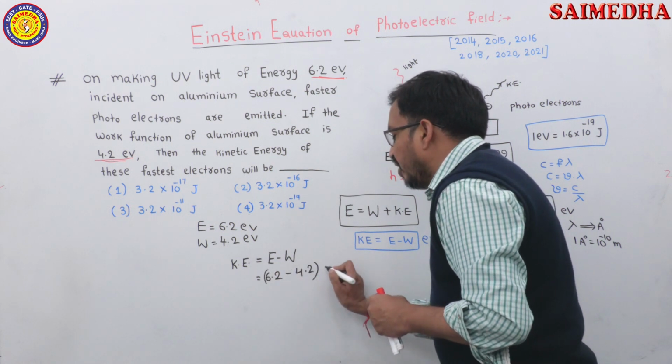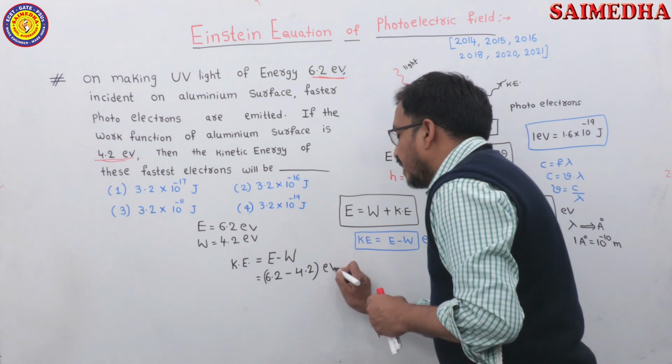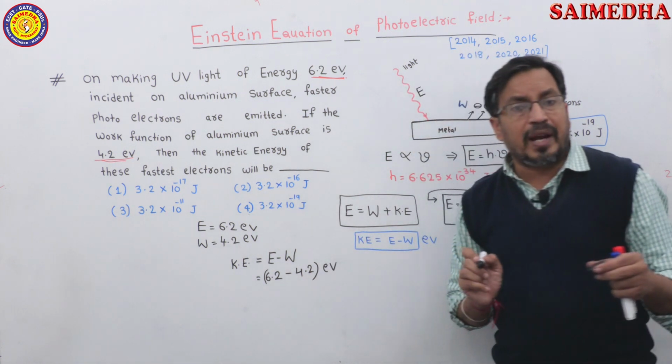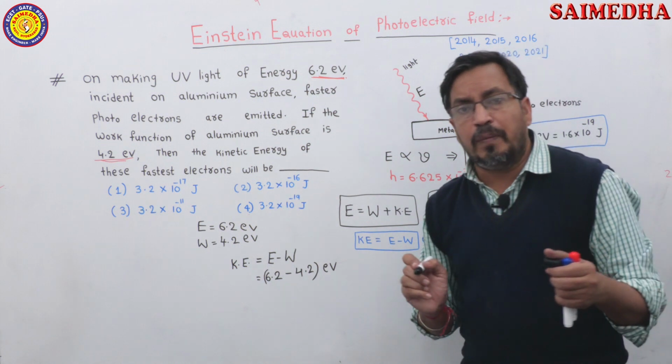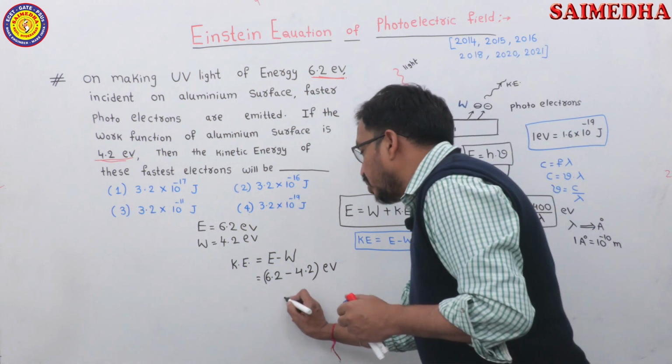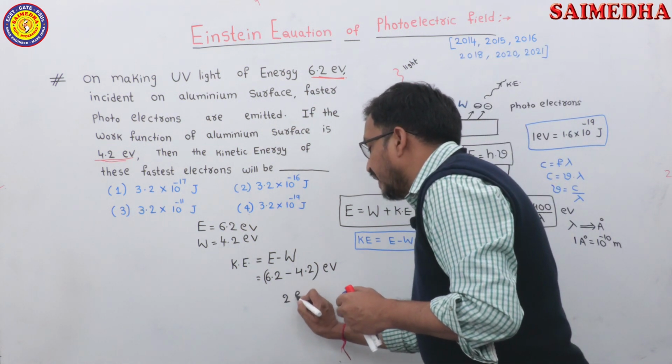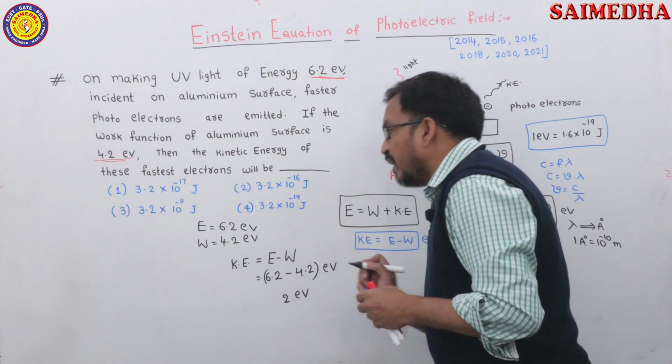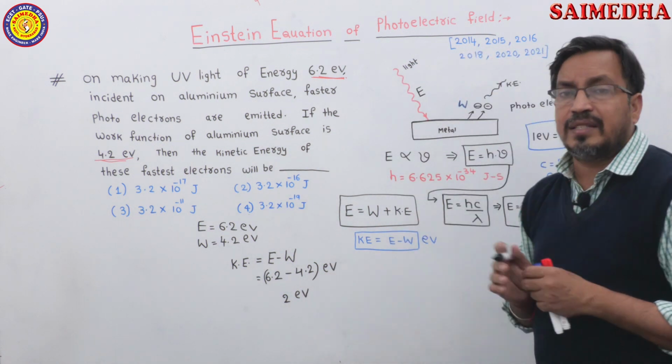Both energy and work function are given in electron volts. So 6.2 minus 4.2 is 2 electron volts. What is the kinetic energy value here? 2 electron volts. Yes, this is the answer.